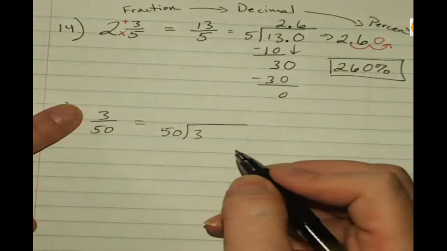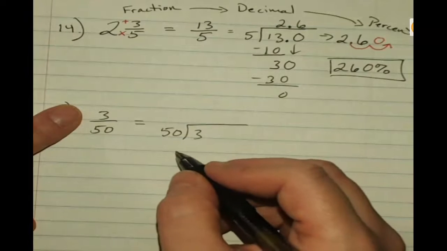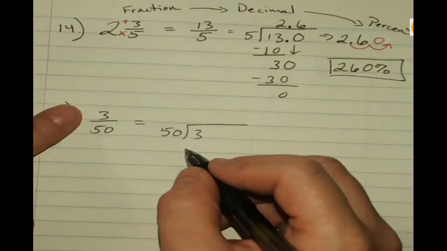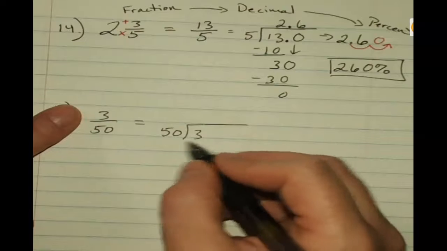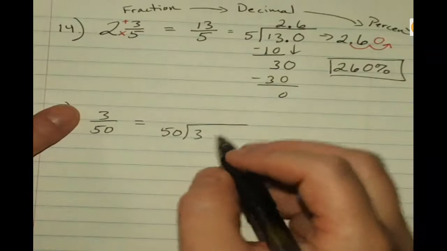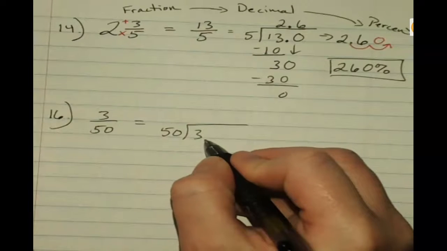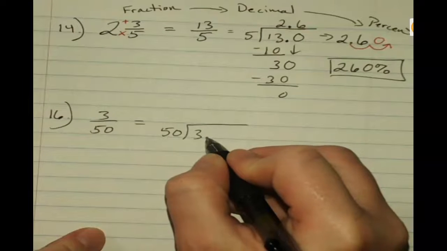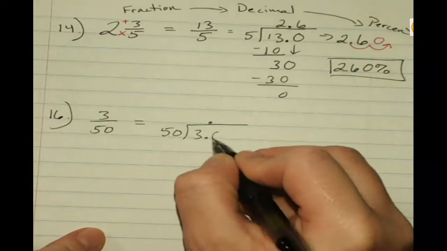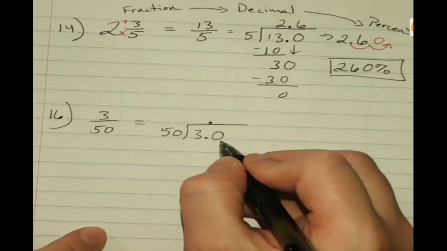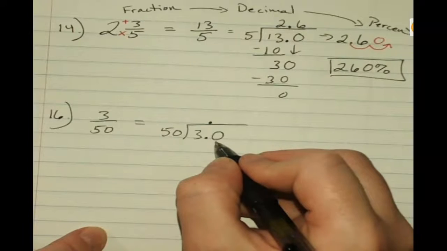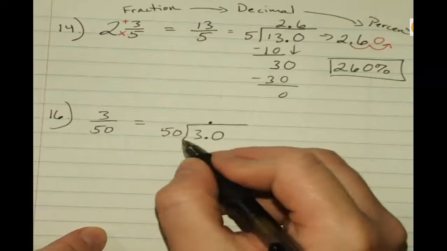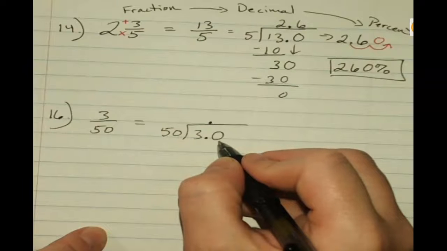I think I was going to have one. Do what? Oh, I get it now. Is this what you're doing? Yeah, that's what I'm doing. Okay. So can 50 go into 3? No. So I put a decimal and a 0. Can 50 go into 30? Yes. What? 50 can go into 50. Oh, I thought you said 15.